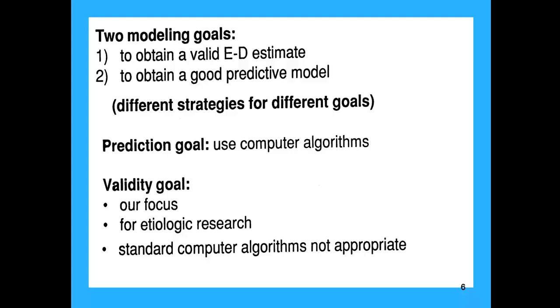In that chapter, there's a discussion of how to get a best model if your goal was prediction as opposed to validity. You may remember different ways like backward elimination, forward regression and stepwise. Remember that?